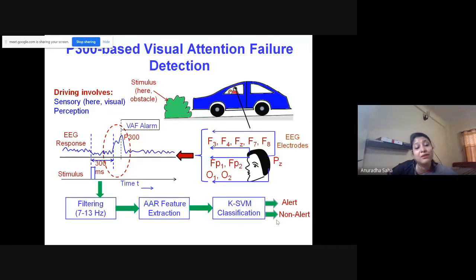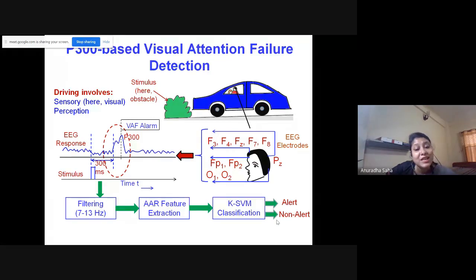And once you have the features, you can go for a simple two class classification technique. That means you can design a simple SVM classifier, a support vector machines classifier, which can classify between two states: whether the driver is visually alert or non-alert.